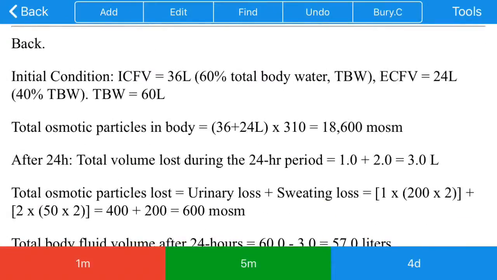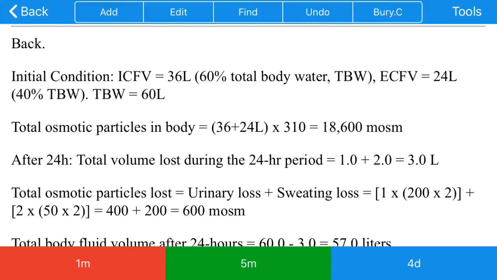So first they calculated all of the milliosmoles, the total number of milliosmoles in the body, and the total volume. They subtracted, came up with a new number of milliosmoles. Fluid just moves continuously, and everything has the same osmotic potential. Right now we're just going to assume that.